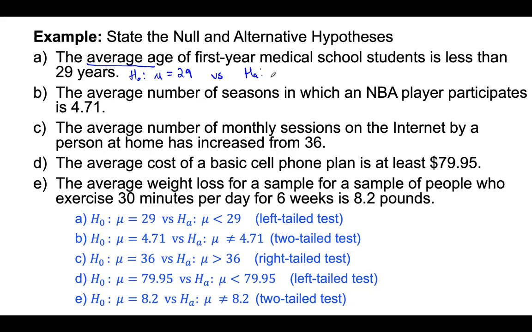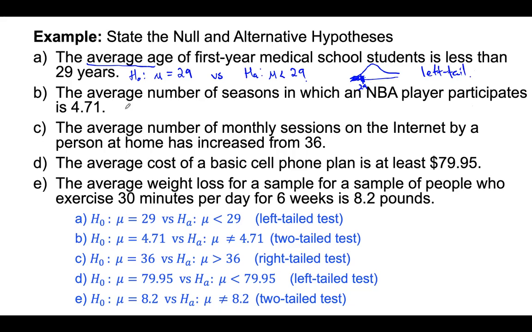So the alternative would be the average age is less than 29 years. Now, this is a left tail, because if you draw a little picture, we're looking for the value where it's less than 29. So this is a left tail test, which is what's written here.